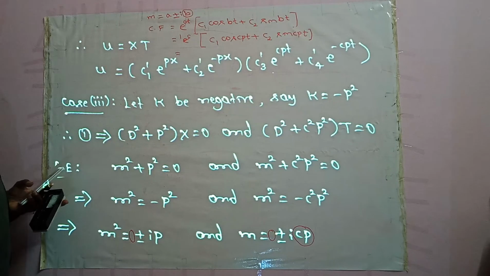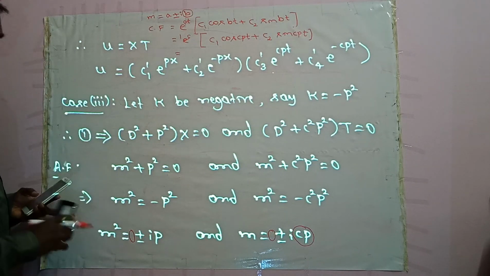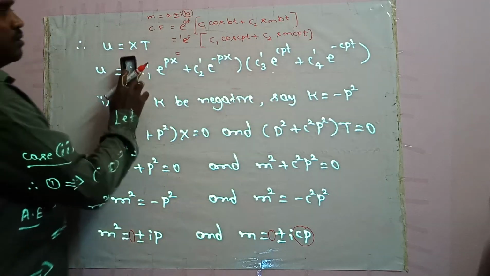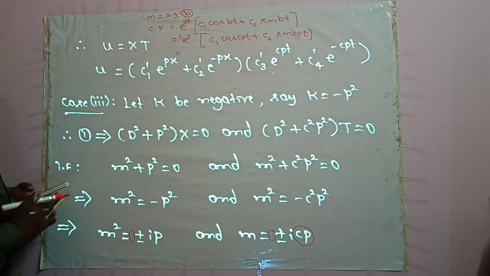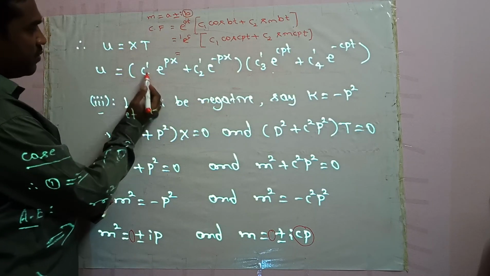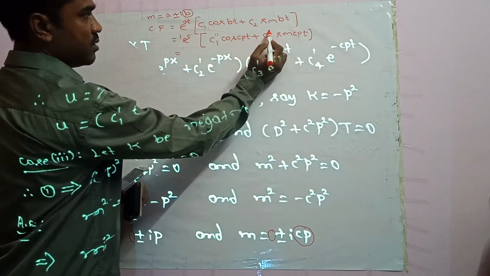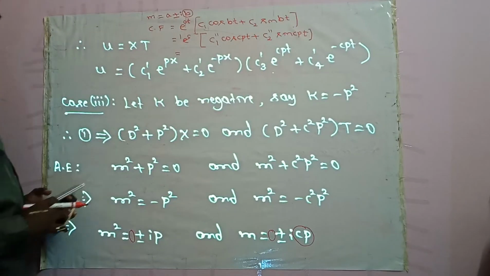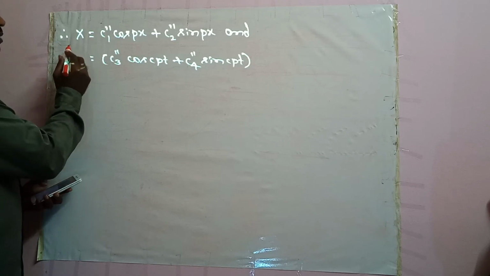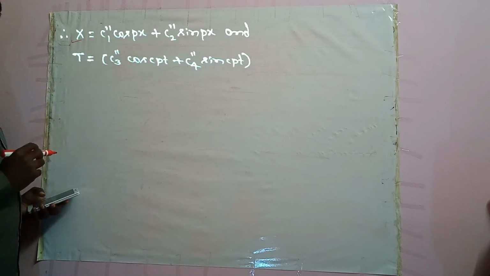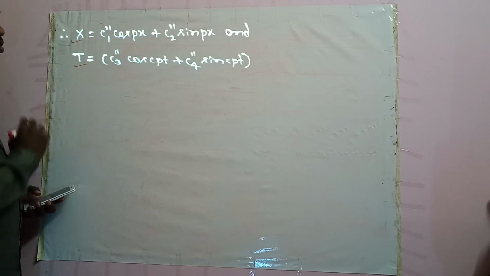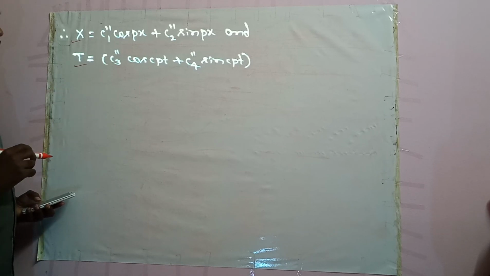So this is what we are going to see in the next step. And the change is, since we have taken c1 dash also, it will be c1 double dash, c2 double dash. Like this we will make changes. Hence this is the solution for x and this is the solution for t.